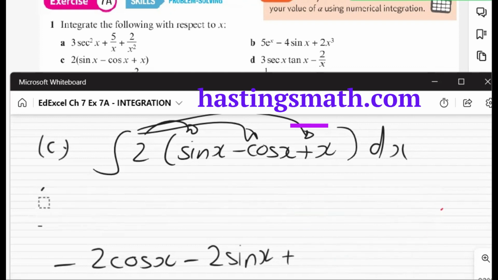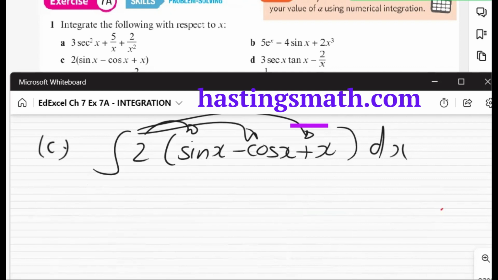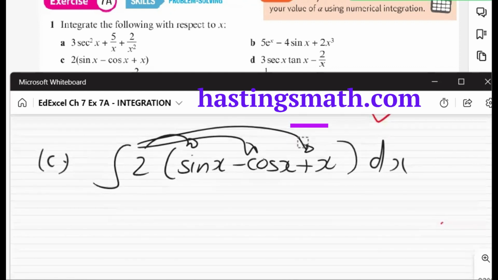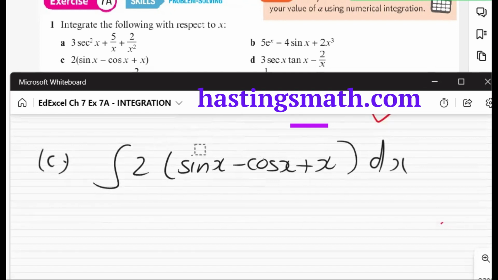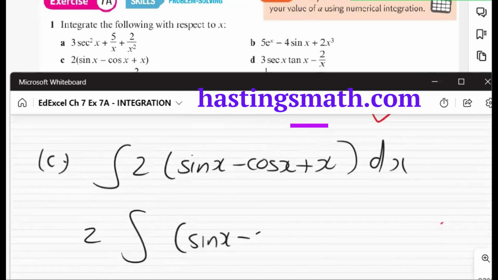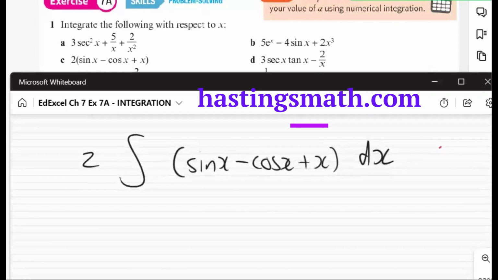If we were to take that constant out, let's see what happens. Normally when I have a constant like this, I put it outside the integral, like this. This is the same thing. So if we integrate this, we're going to have 2 times the integral. Sine goes to negative cos.